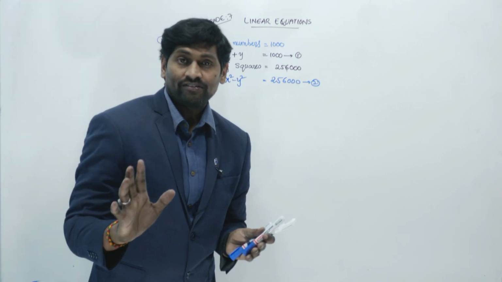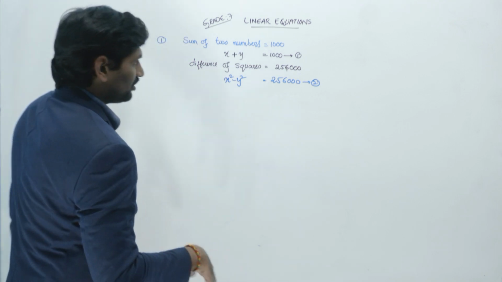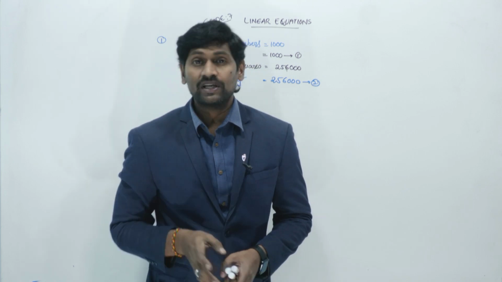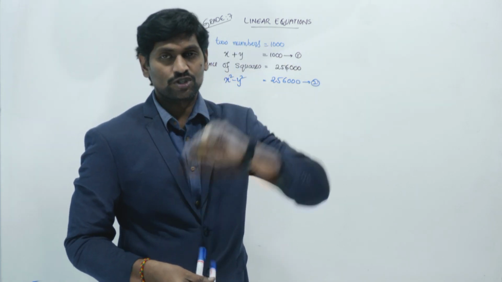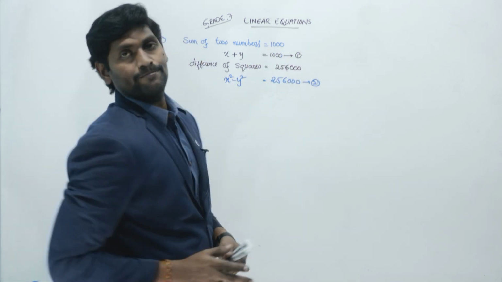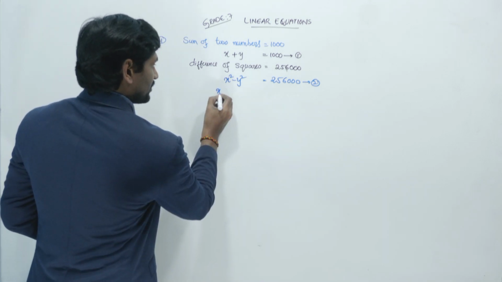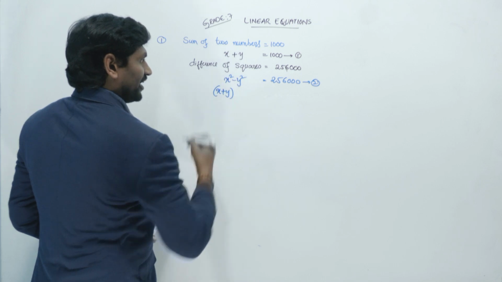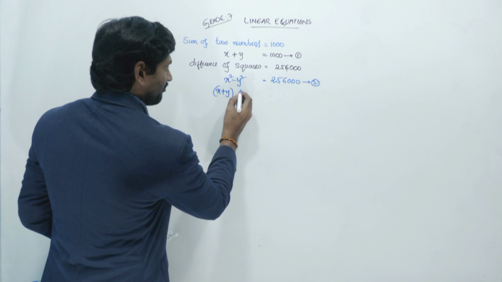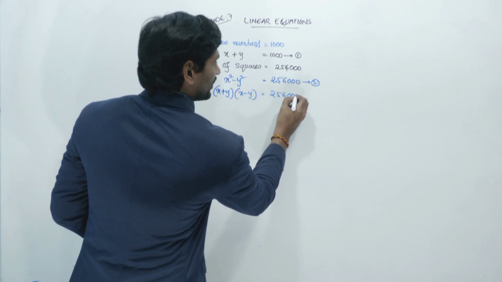Right. Now we need to find the value of x and y. But while observing the second equation, it looks like one of the algebraic identities, a square minus b square, whose value is a plus b into a minus b. So here in the place of a and b we have x and y. x square minus y square equals x plus y into x minus y, which equals 2,56,000.